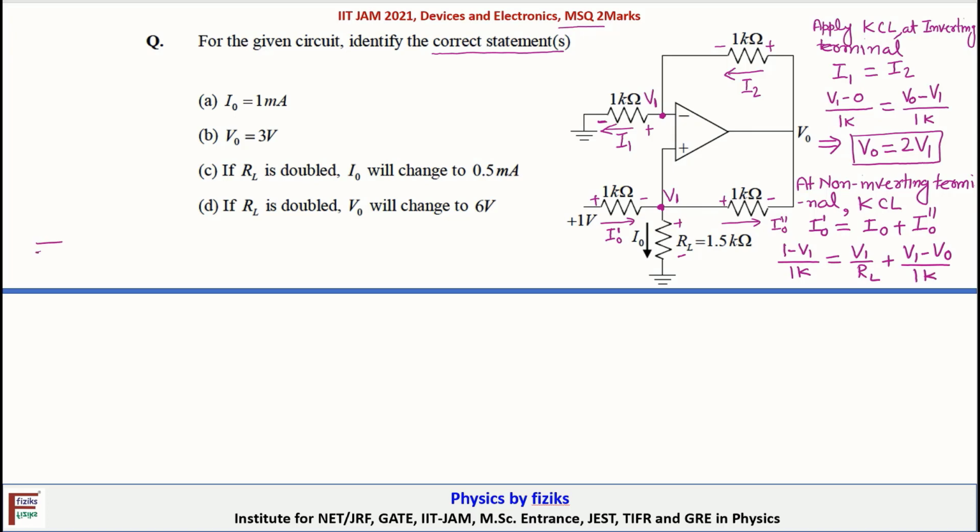If we solve this, this will be 1 minus V1 equals V1 by RL plus V1, and VO is 2V1. If you solve this, that will give you V1 is RL volts. So that depends on RL.